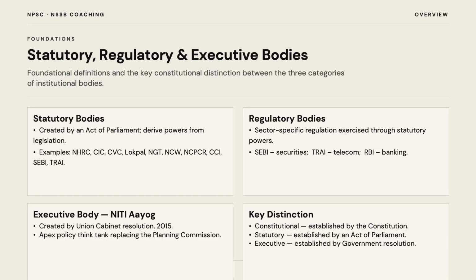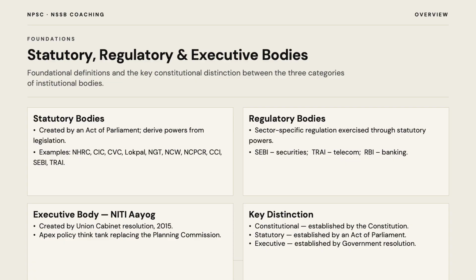Now, statutory and regulatory bodies. See, statutory bodies, I have explained to you very clearly. They are created by an act of parliament and derive powers from legislation. Statutory bodies are not constitutional bodies. They are not mentioned in the constitution. I mentioned that very clearly. Examples are NHRC, CIC, CVC, Lokpal, NGT, many statutory bodies.